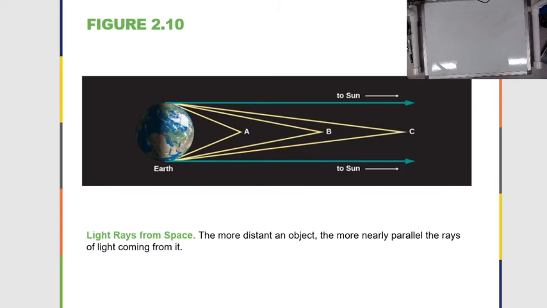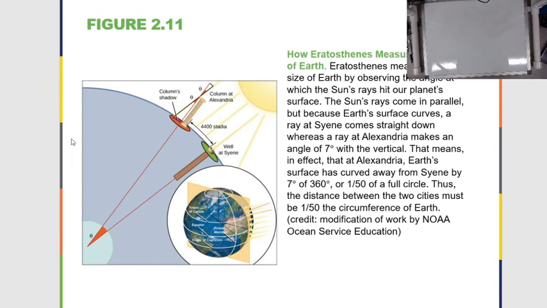And so Eratosthenes, an ancient Greek mathematician and scientist, wanted to figure out how big the earth was. And he did one of the most clever scientific experiments that's ever been done, probably. He noticed that on the summer solstice, the sun at noon shone straight down a well in Syene.